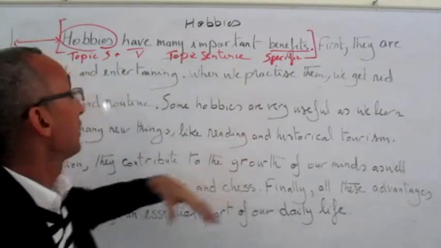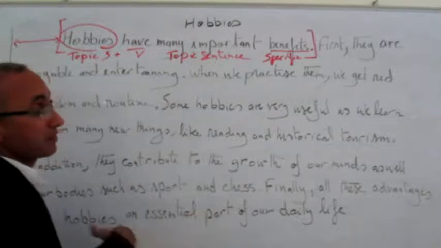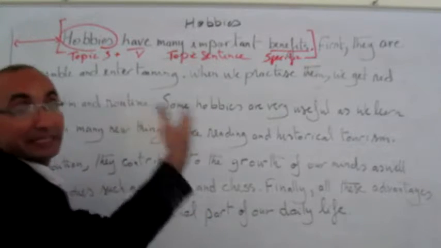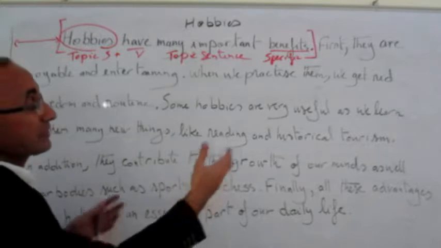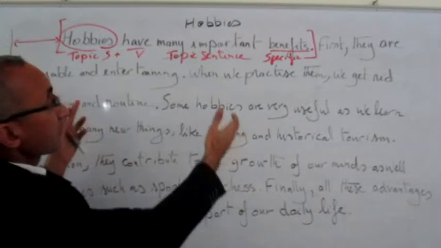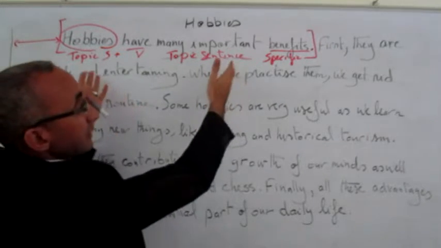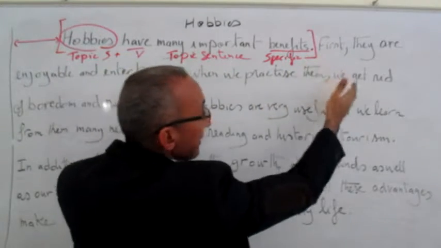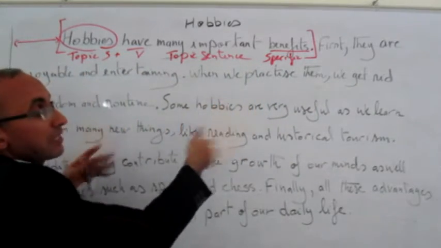Here, for example, I start explaining, I start detailing what I mentioned in the first sentence, what I promised my reader. Here, I explain it, I detail it using explanation, details, examples, and so on.